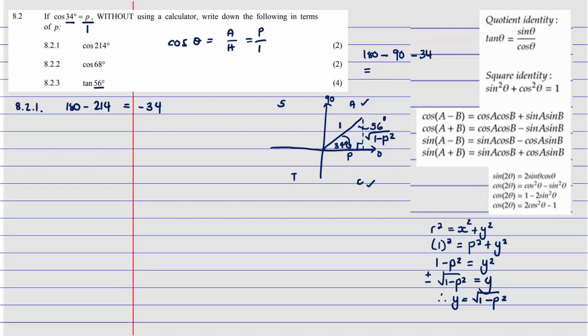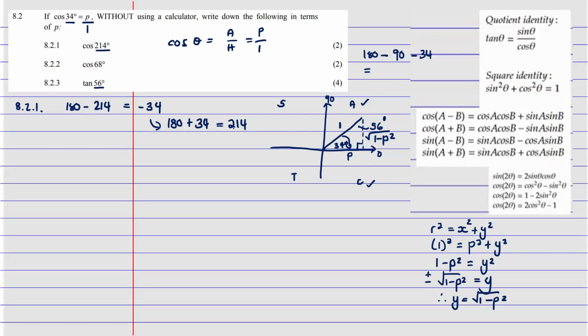By using reduction, I can replace this 214. Since subtracting it gives us negative 34, that means 180 plus 34 gives me 214, which goes back to this.